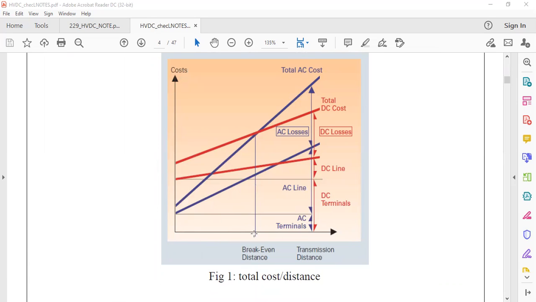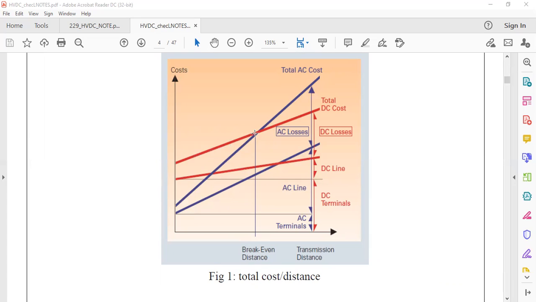Up to this distance only, the cost of AC is better compared to DC, right? After that, the cost of AC transmission increases, but the cost of DC transmission is reduced from this point. You can clearly see that from this point.